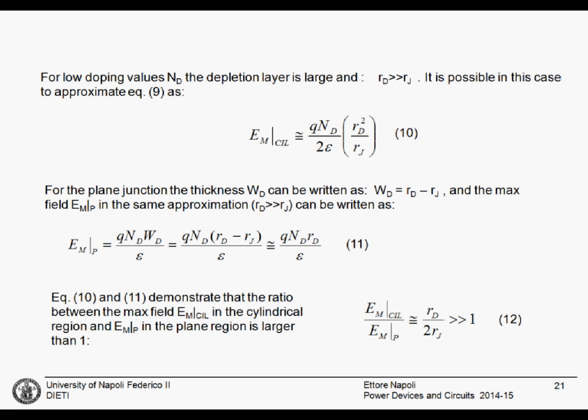Now we can calculate the maximum electric field for a plane junction that has a width of the depletion region that is exactly equal to Rd minus Rj.